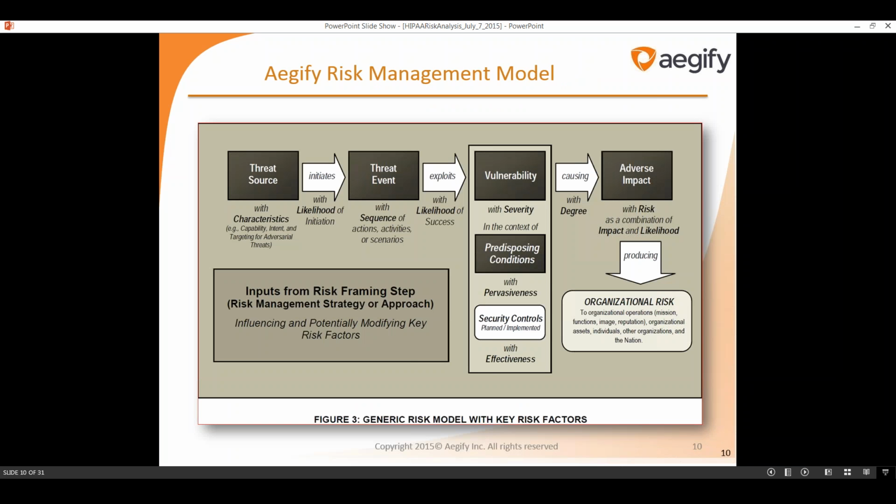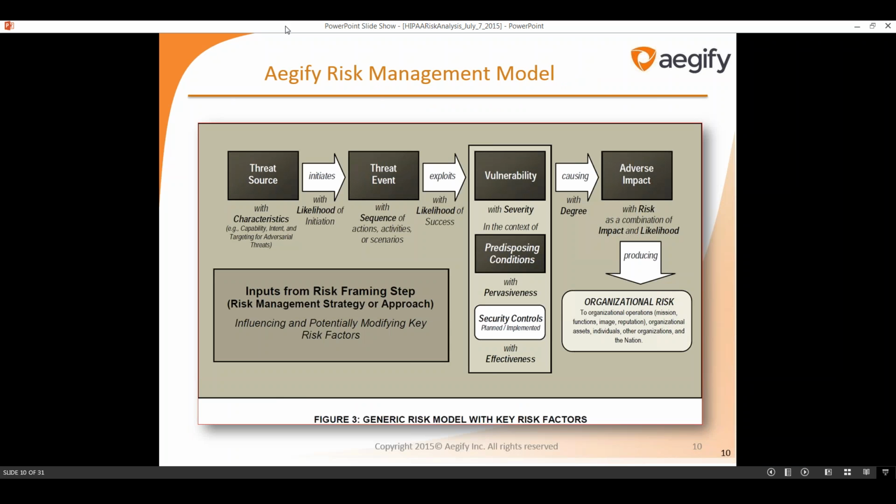So this is really the building block of any risk management model that anybody out there would follow, and management will be fixing all the open issues that are found.